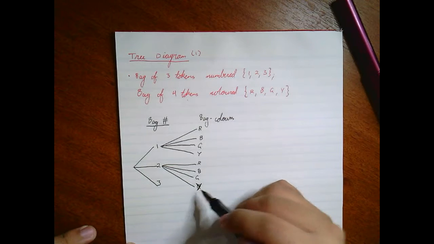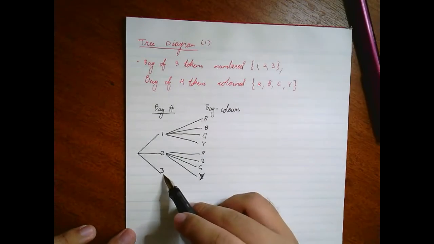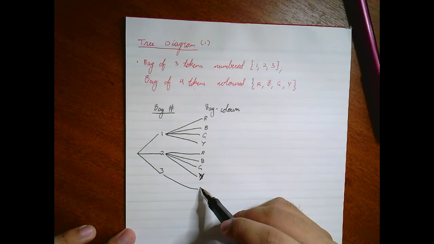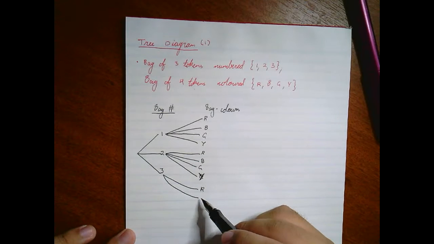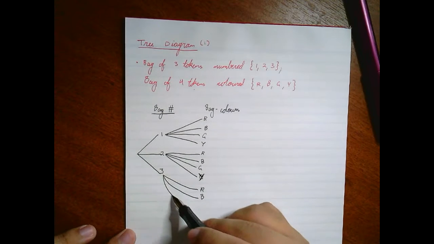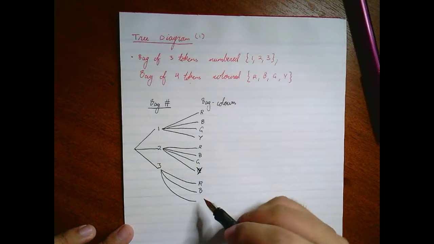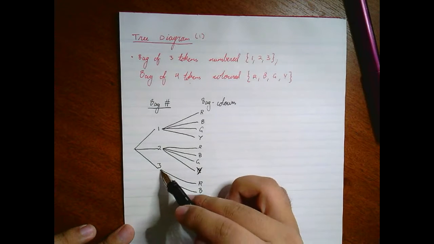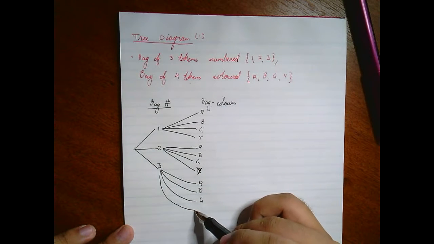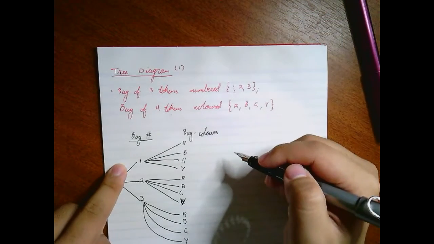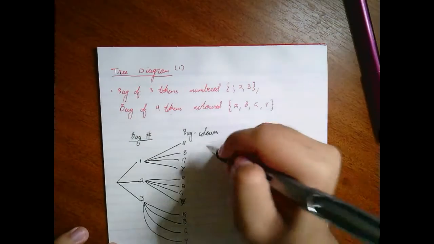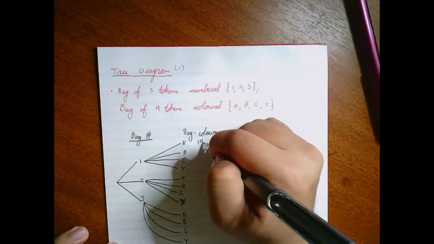And the exact same thing can happen for the 3. We could have gotten a red, a blue, a green, or finally a yellow.